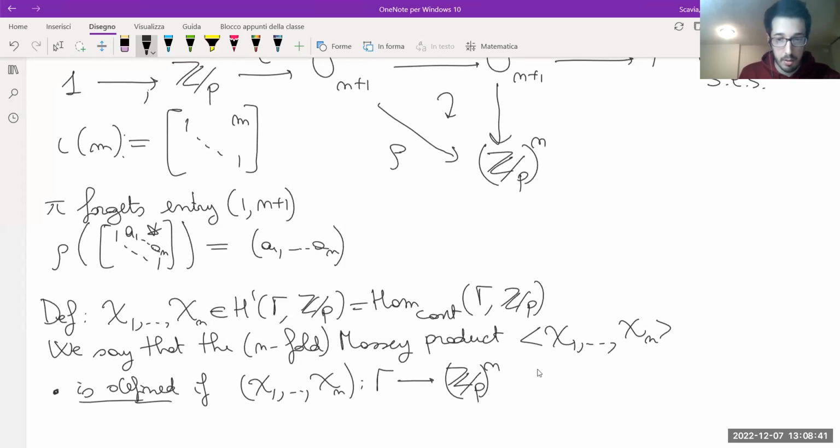If this homomorphism lifts to a homomorphism to U n plus 1 bar, so I can lift along the vertical map in this diagram.